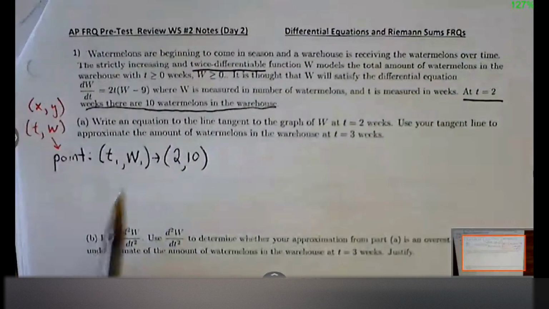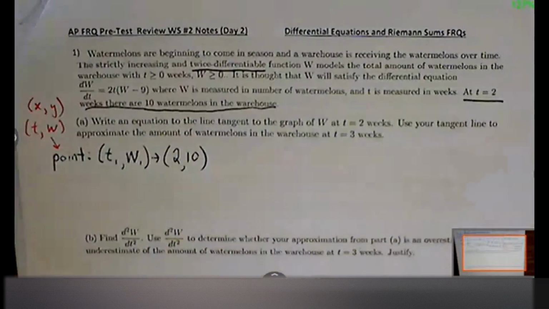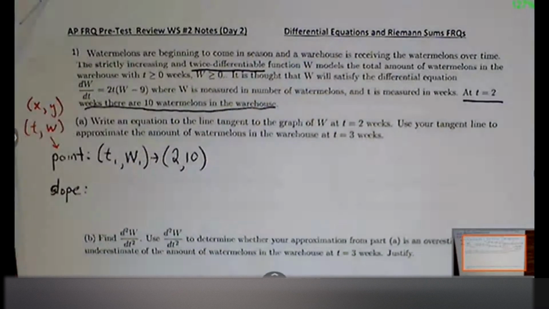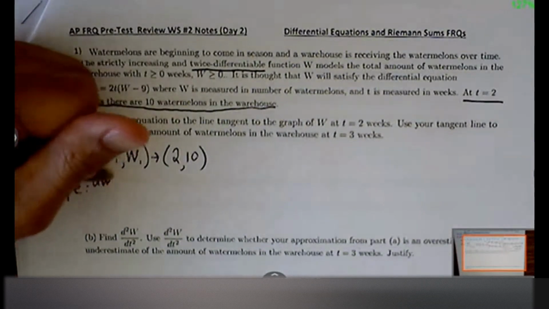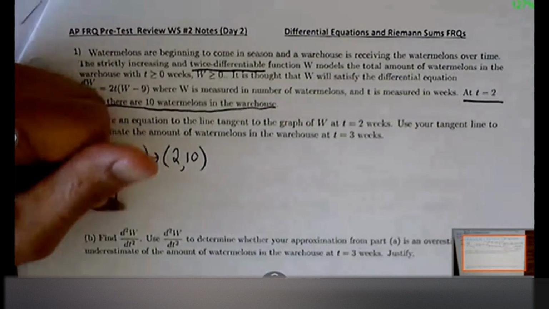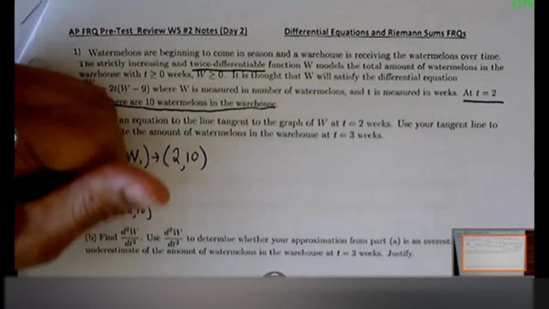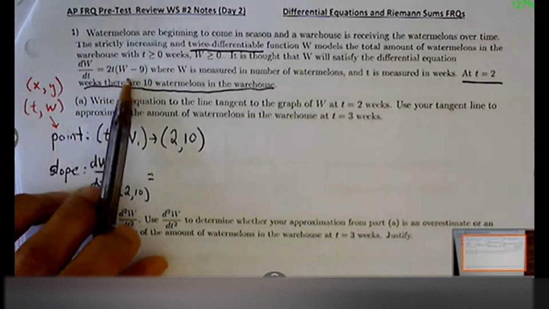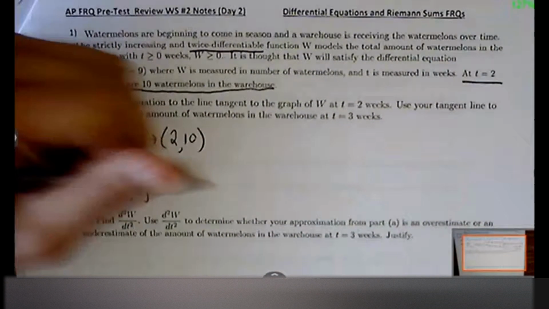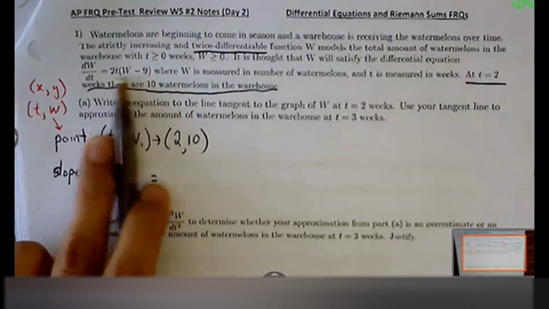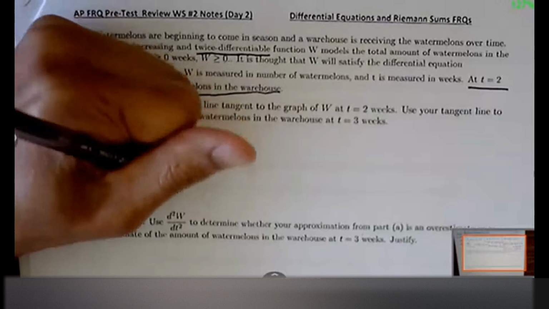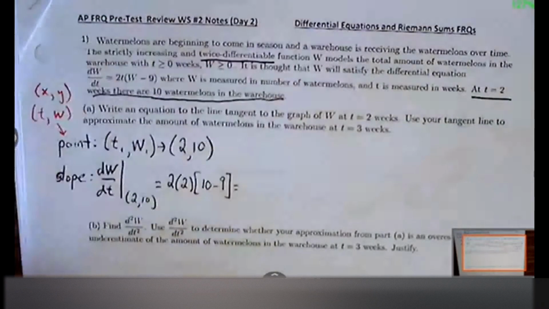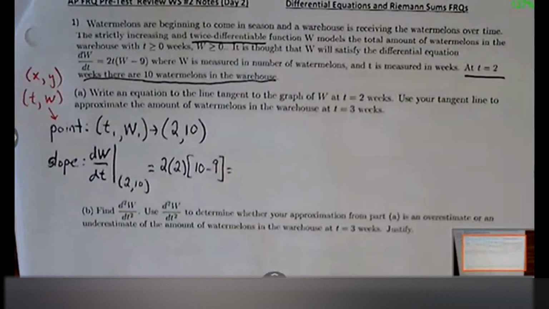We also need the slope. Slope comes from the derivative formula. So I'm just going to insert 2 in for t and 10 in for W. There's my formula there. 4 times 1 is 4.